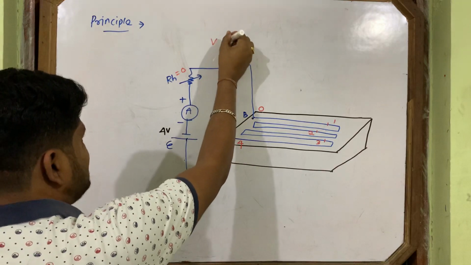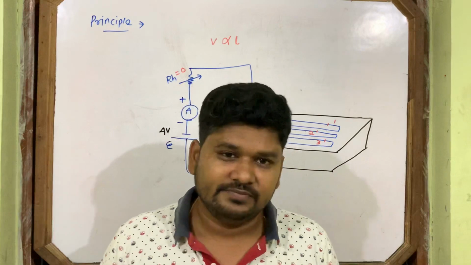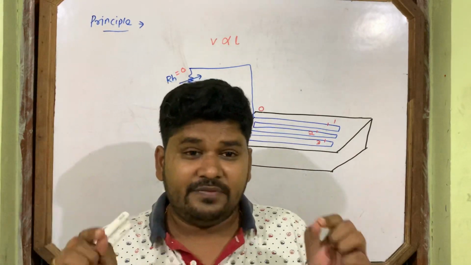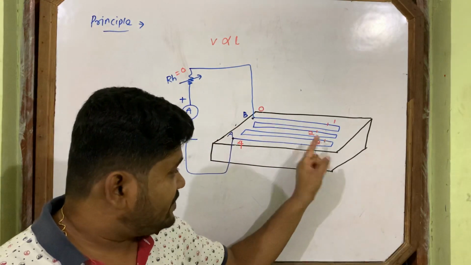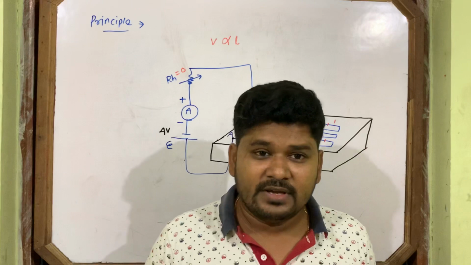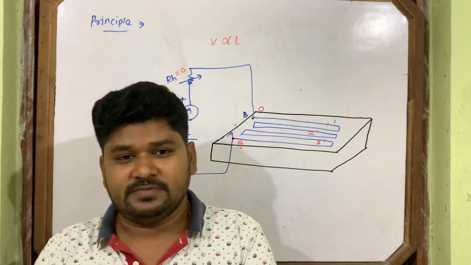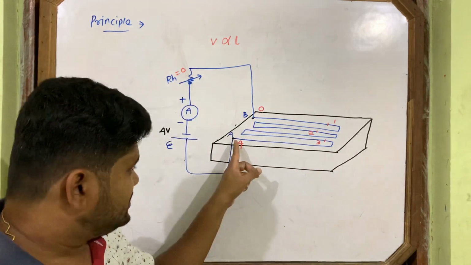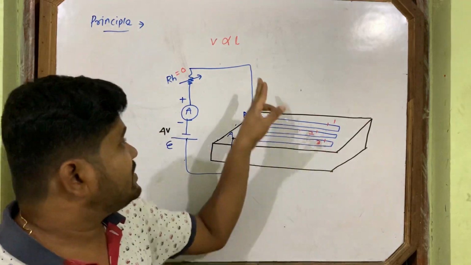The principle is that potential difference is directly proportional to length. I hope all of you understood. The difference of potential between 2 points of a wire is directly proportional to the length between those 2 points. This is the principle of potentiometer.